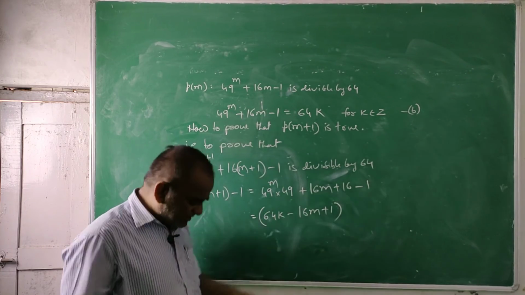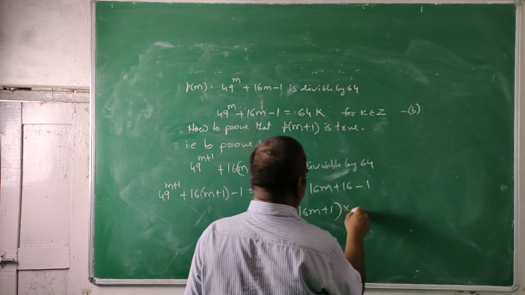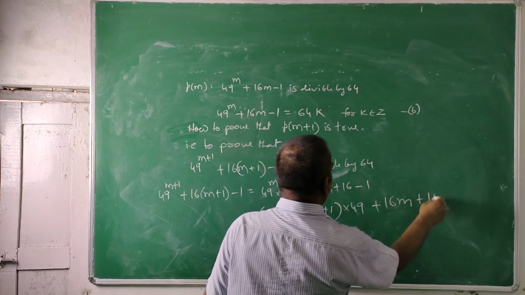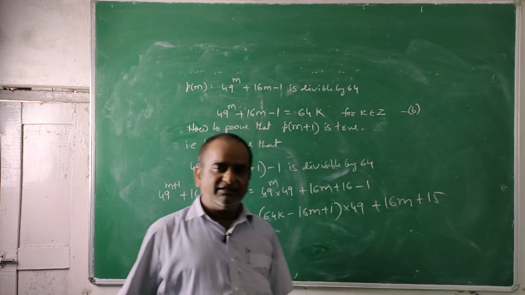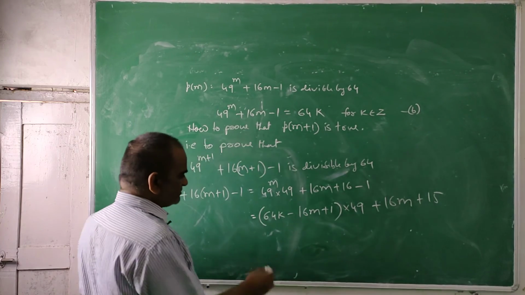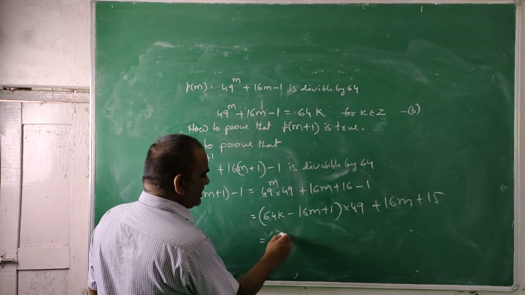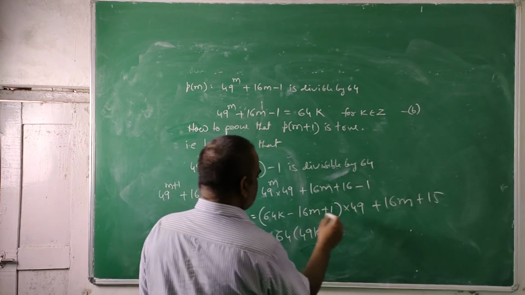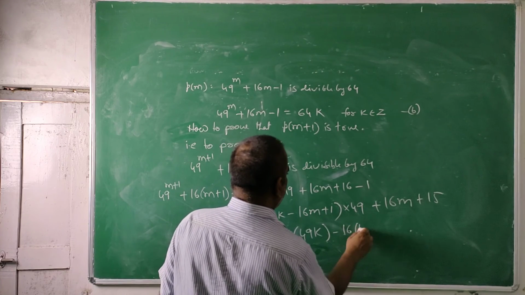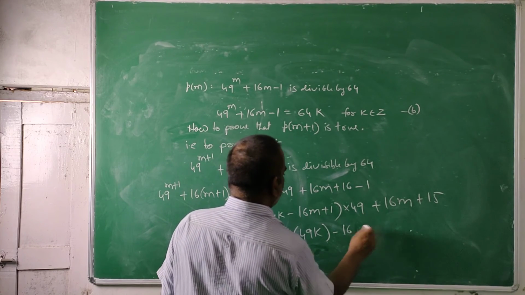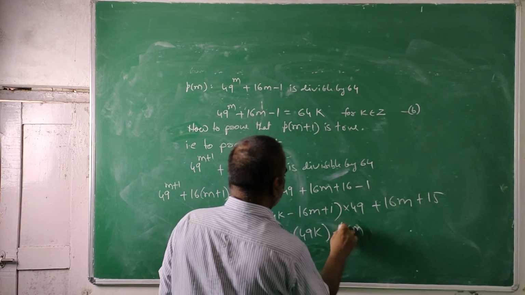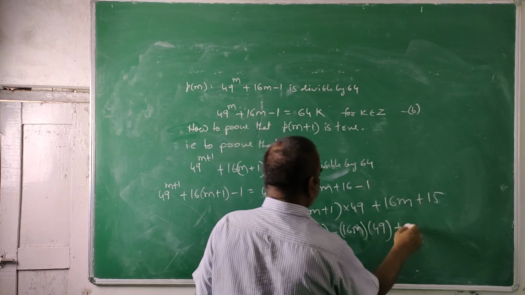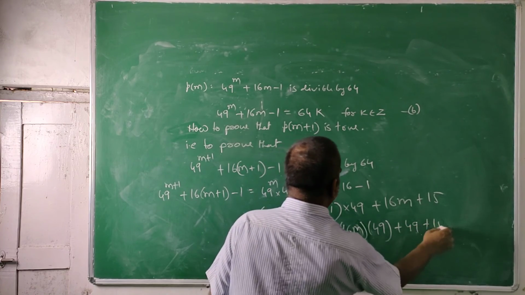Now here into 49 remains same. So into 49 plus 16m plus 15, 16 minus 1 is 15. Now if you open the bracket, 64 into 49k minus 16 into 49m, or minus 16m into 49, makes no difference, plus 49 plus 15, right?